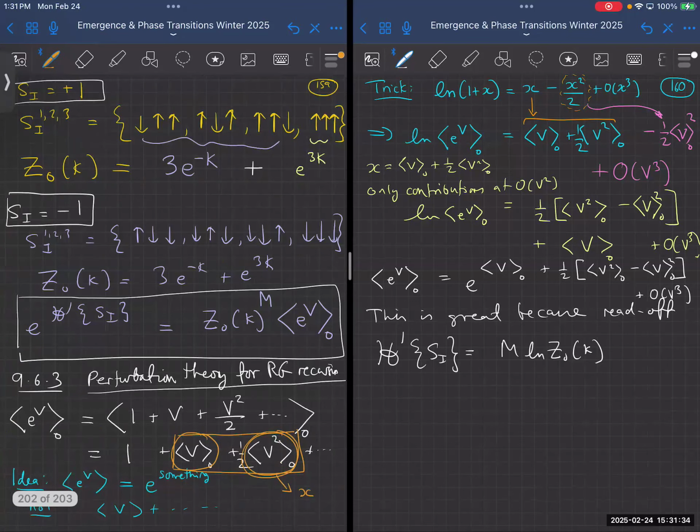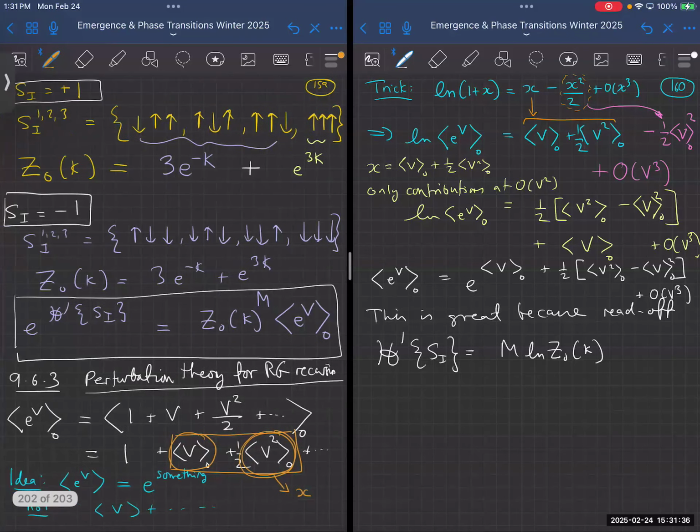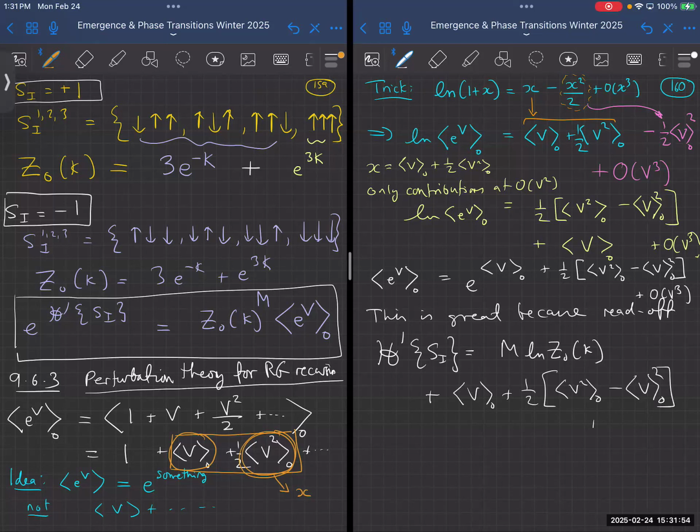So we can read that off, and then finally we have the term plus the expectation of V plus 1/2 the expectation value of V squared minus V, squared, plus higher order terms.